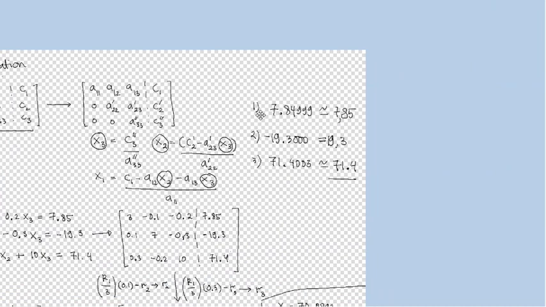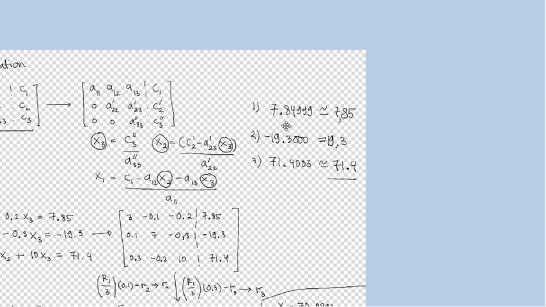This is 3. And if you want to check whether this answer is correct or not, you just plug in this x1, x2 and x3 into the linear equations that you have. If you plug it in, then from the first equation you will have this one. Yeah, it's near to 7.85.